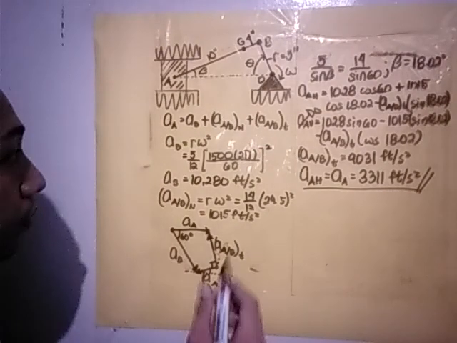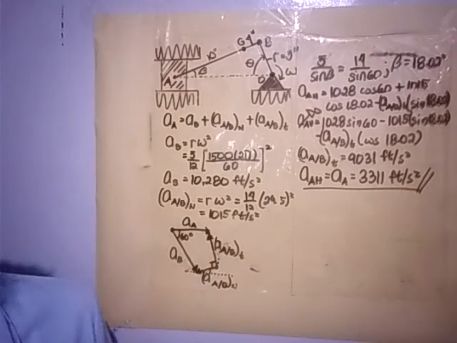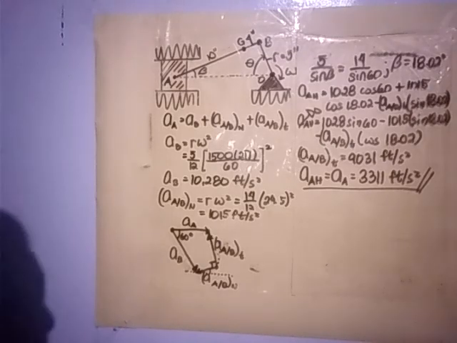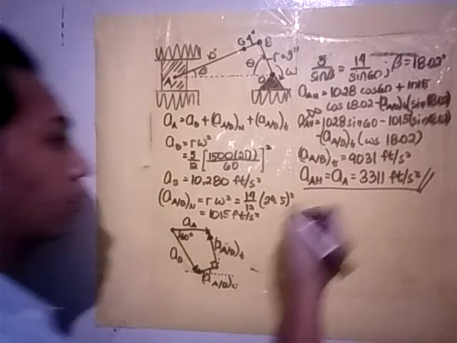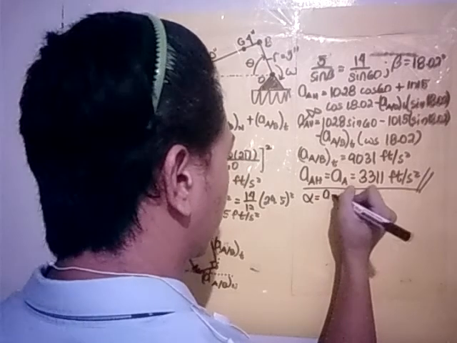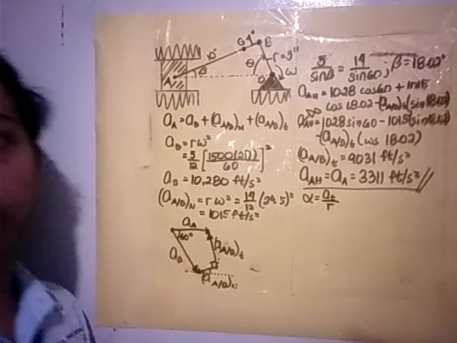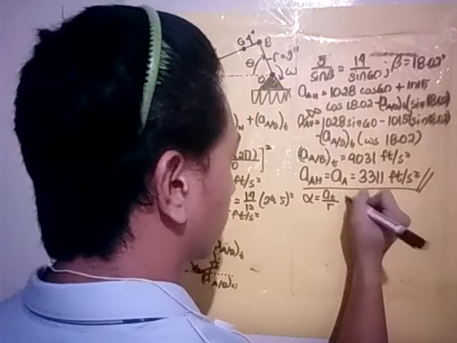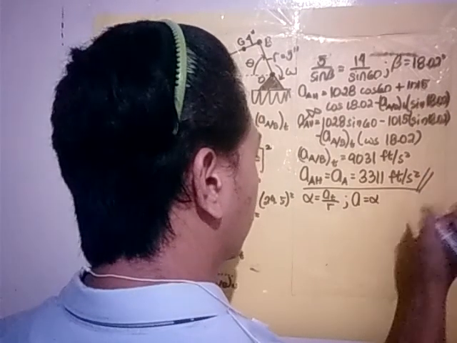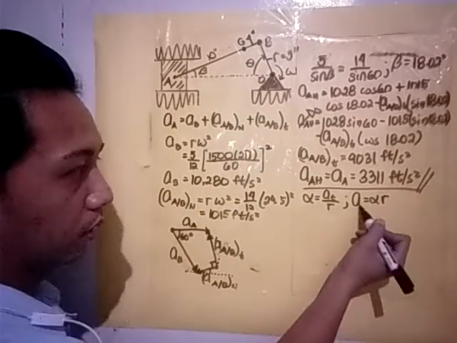So, next, nakocompute natin is yung angular acceleration of the connecting rod AB. So, angular acceleration, meron tayong formula for angular acceleration which is A tangential divided by R. Galing to sa A is equal to angular acceleration multiplied by R. Yung A na to, di ba?